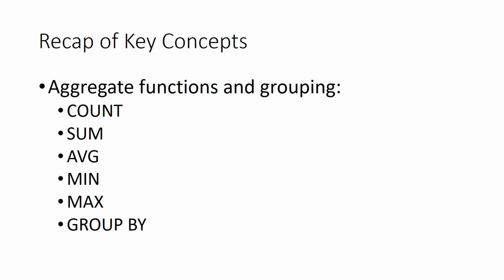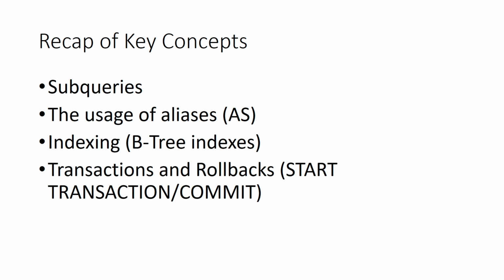We can use aggregate functions and grouping if we desire. So count will basically count every row in a table or in a column depending on how we set it up. Sum will sum up everything within a column. Average will return an average value. Min and max will return minimum and maximum values. And also group by will group by a specific column. Subqueries are queries inside of queries.